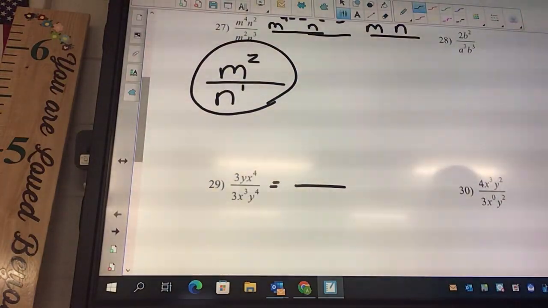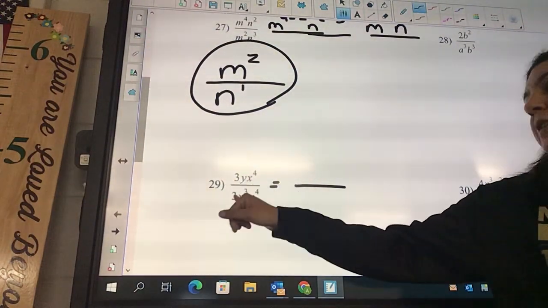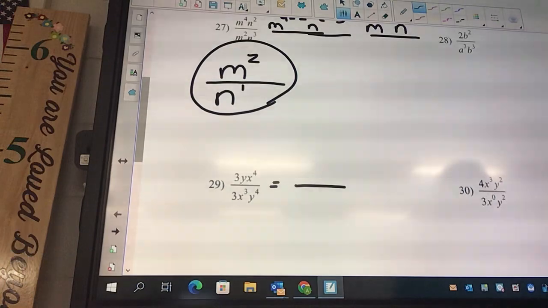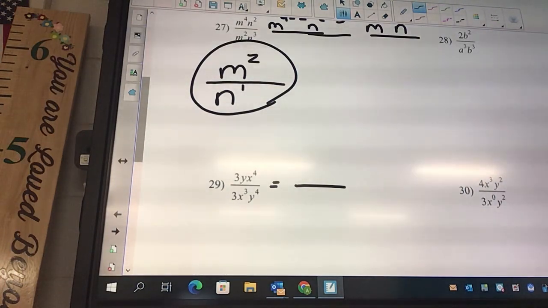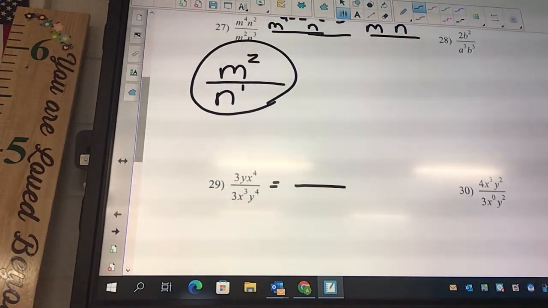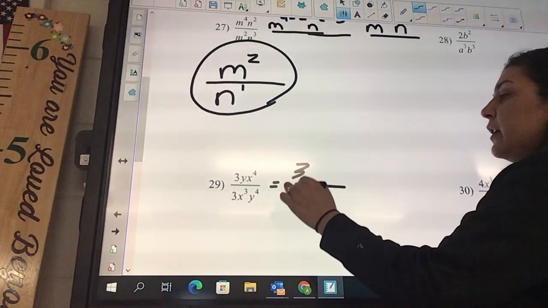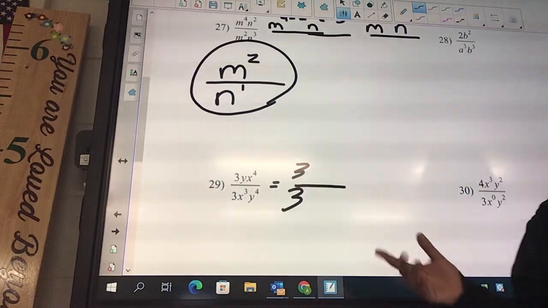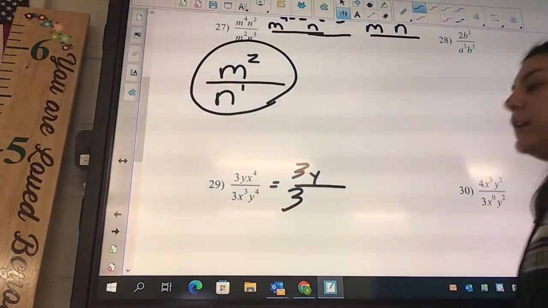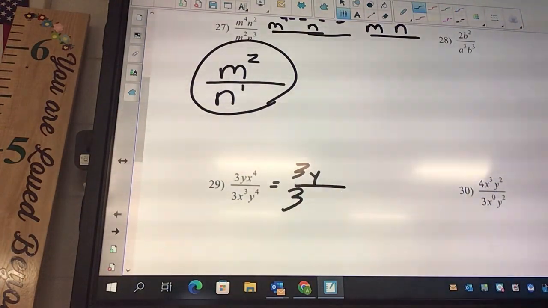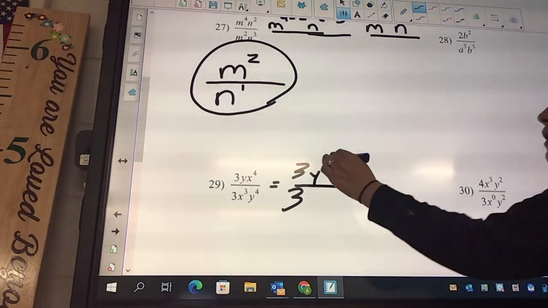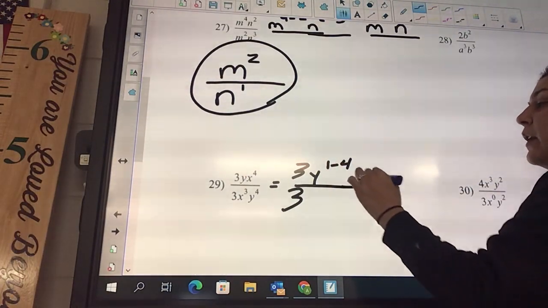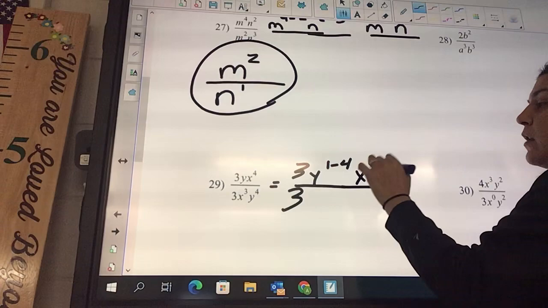Okay, make sure, see how in 29, it goes y then x, and then on the bottom it's x then y. Make sure you're subtracting the right pieces with the right pieces. The x's go with the x's, the y's go with the y's. So we got 3 and 3, and it doesn't matter which one you put first. I'm just doing the y first, but if you put the x's first, that's fine. So it's going to be y to the 1 minus 4, x to the 4 minus 3.